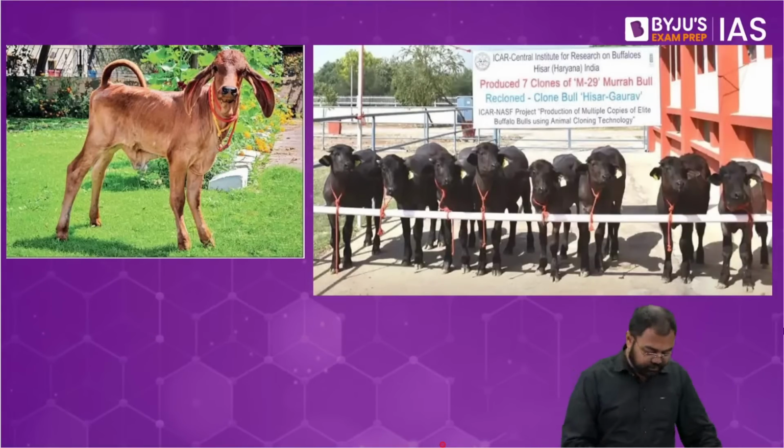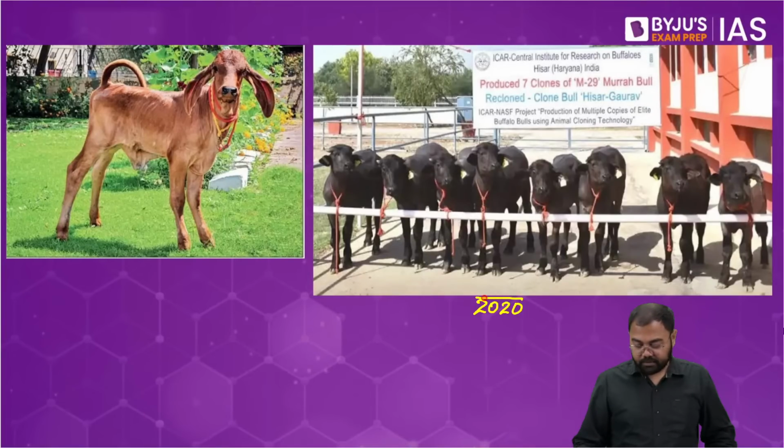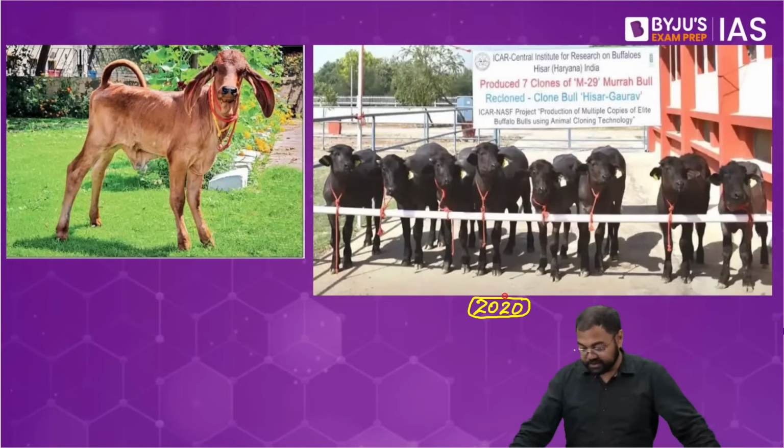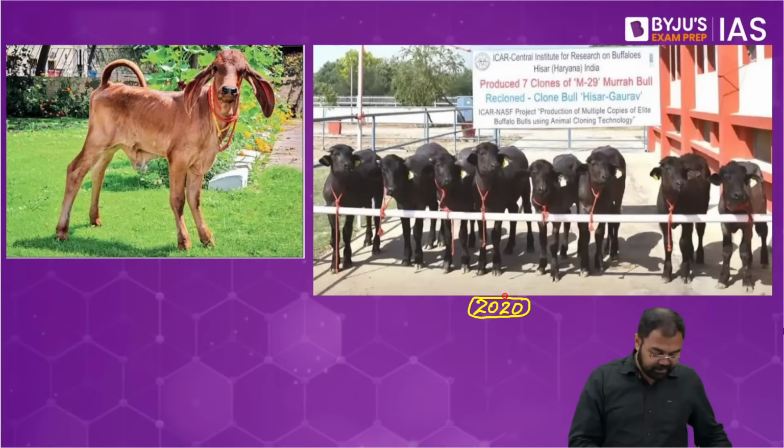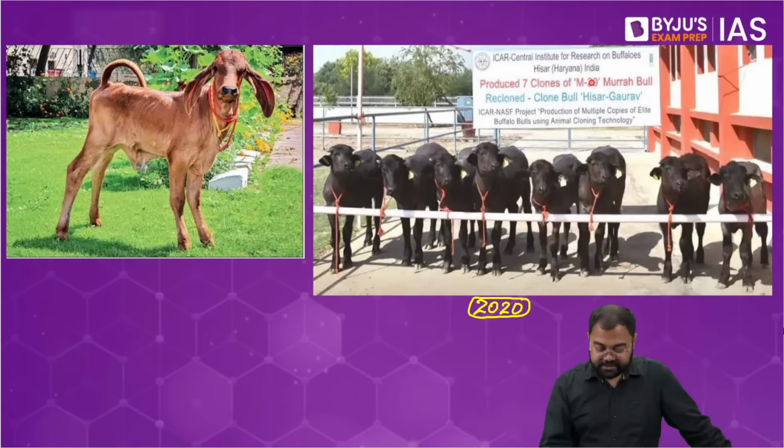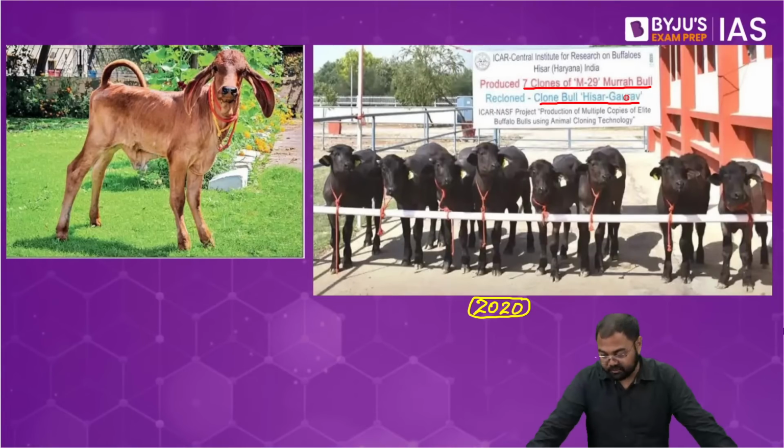So for example, the next was carried out in 2020. Here there were two cloning cases that were carried on. One, seven clones of M29 Murrah bull, and then another one of the same CIRB Gaurav or Hisar Gaurav. A recloning was done.